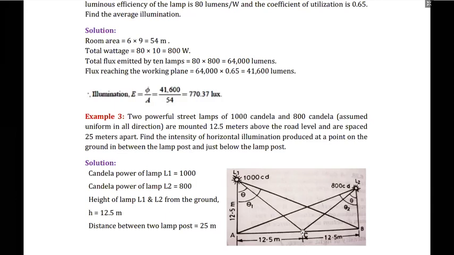Let us consider this midpoint, which is at a distance of 12.5 meter from both ends, and just below the lamp post, that is at point A and at point B. So we have to find the illumination at point A, point B and at point C.